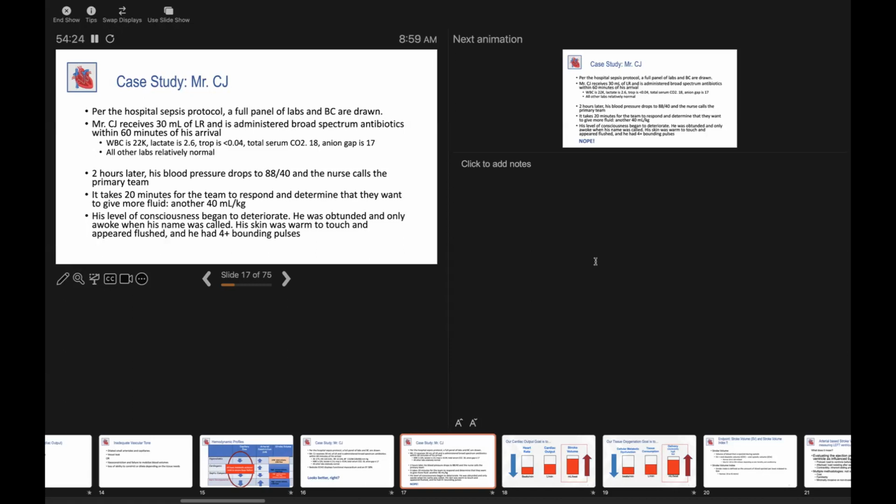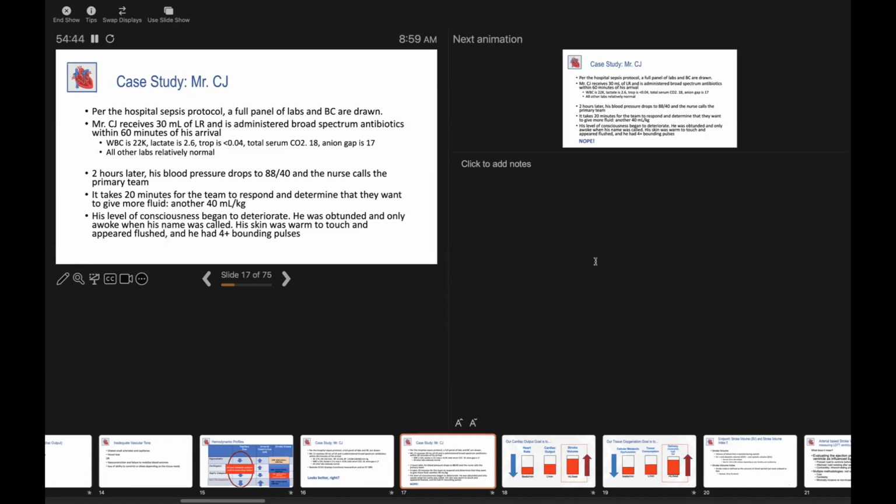Because the only difference between sepsis and septic shock is the blood pressure. Now he is hypotensive. He's much farther down the line because we felt really good about where he was and we didn't do anything. But Rose, what did you see?